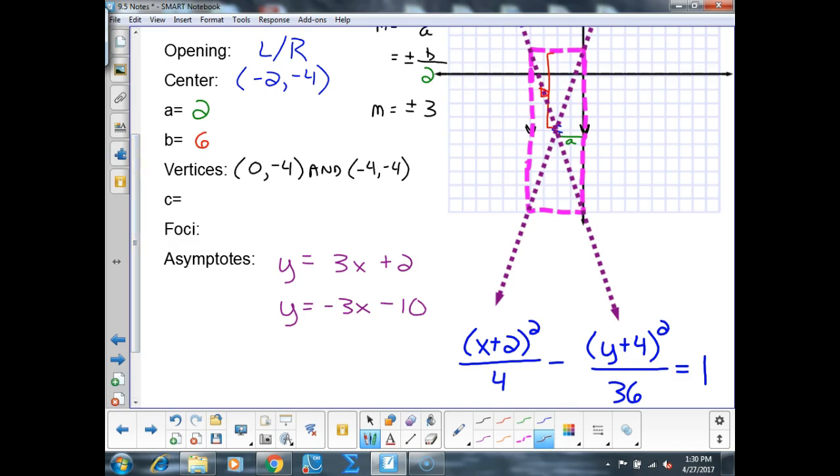Based off of that, now, what's my c? c squared is 40. Square root of 40 is 2 times the square root of 10. So that's a little bit more than 6, right?